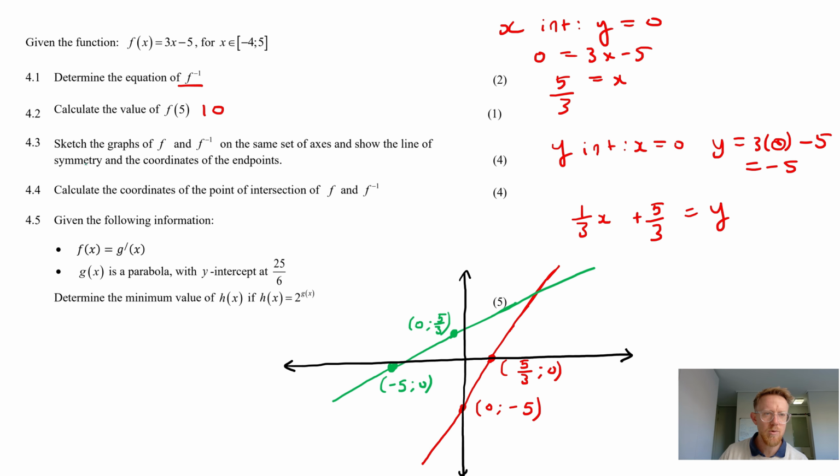And now the next thing we need to understand is that they also want us to show symmetry lines. Now, when we are busy with inverses, whether we're doing straight lines, exponentials, logs, hyperbolas, parabolas, whatever, the symmetry line for inverses is always the following: y equals x.